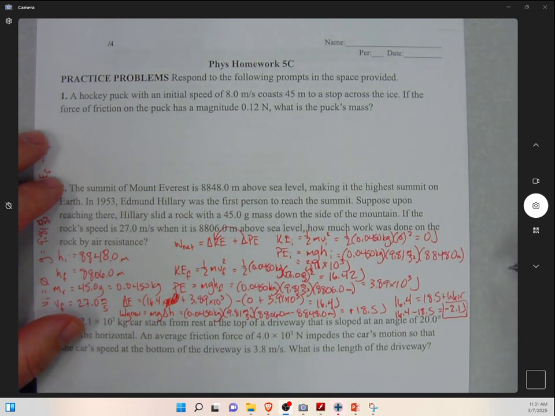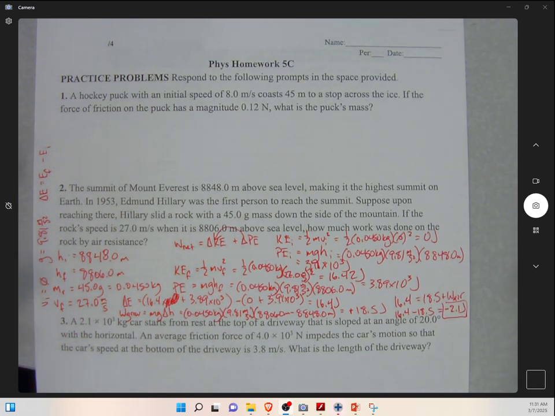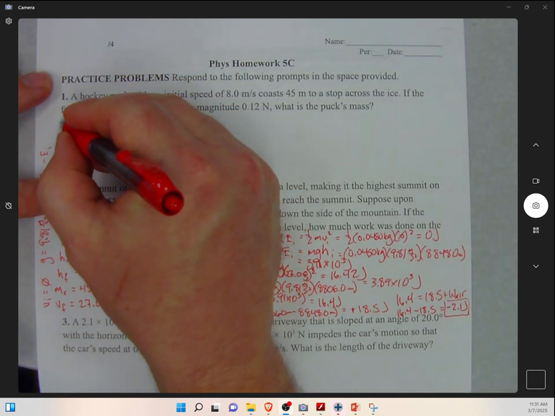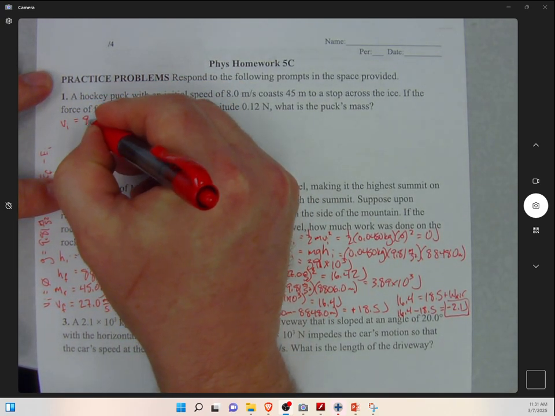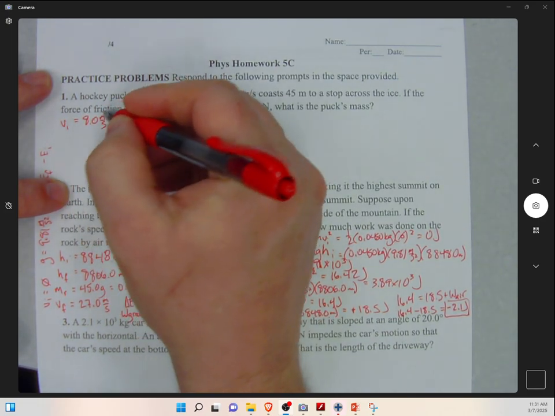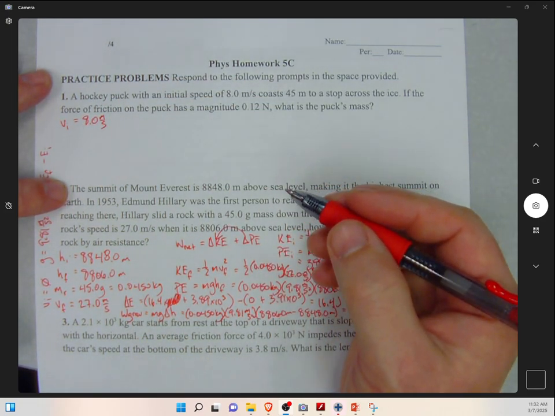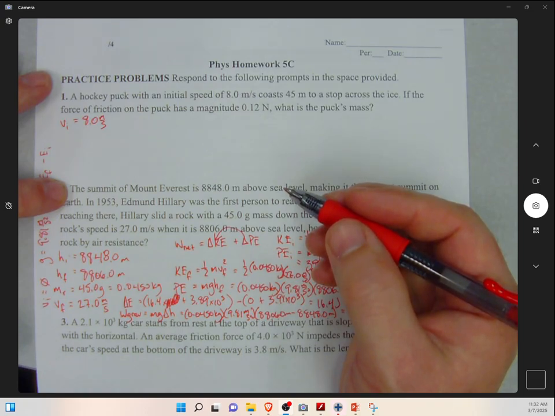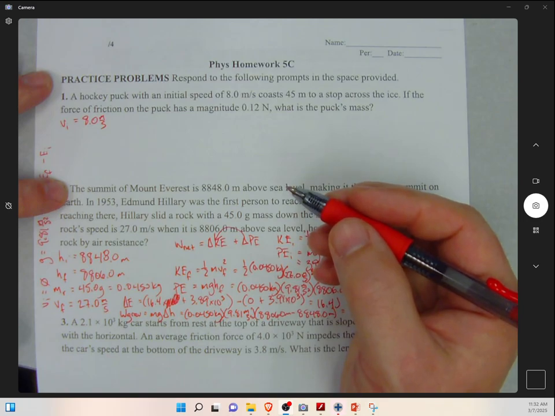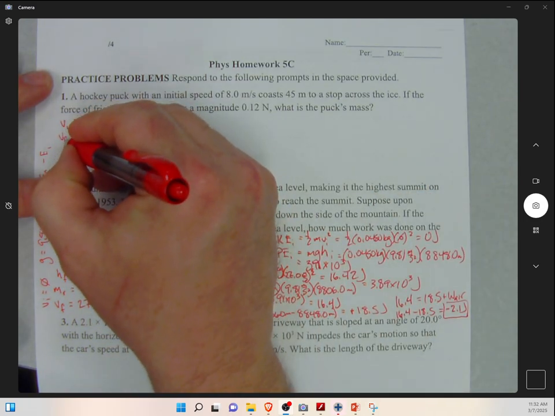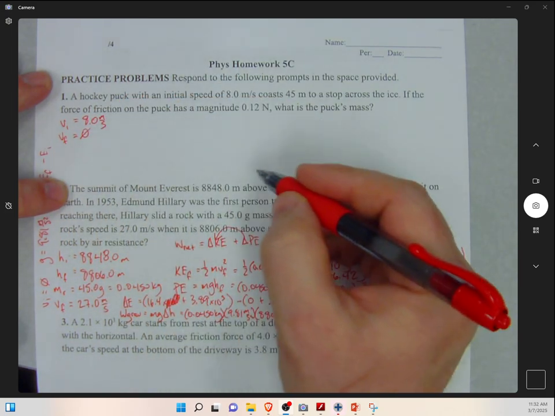Right, so number one on the homework: a hockey puck with an initial speed of 8 meters per second. What else we got? Coast 45 meters to a stop across the ice. So coast to a stop, so my final velocity is 0.